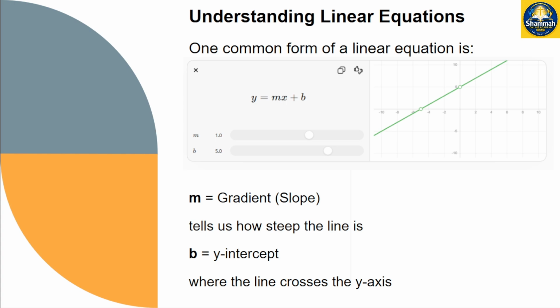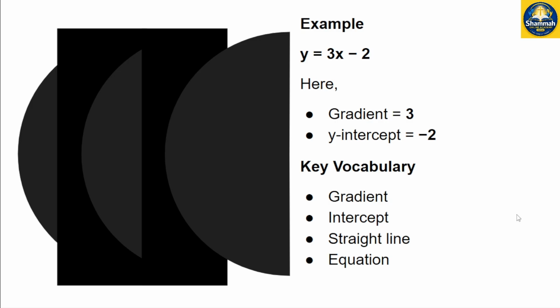This is where the line crosses the y-axis. For example, in y = 3x - 2, the gradient is 3, while the y-intercept is -2.